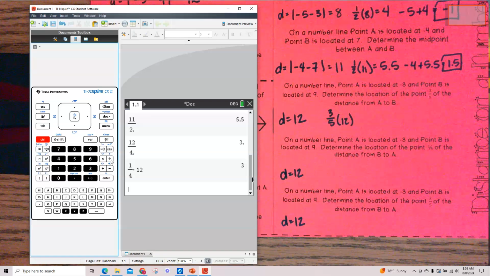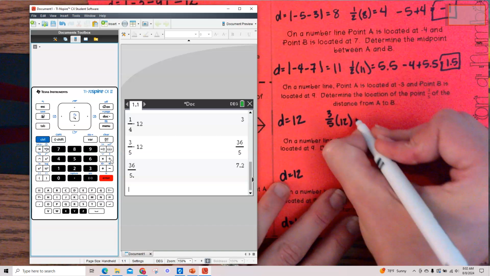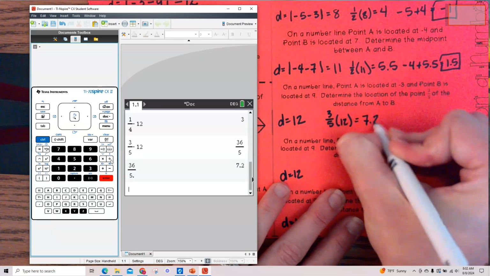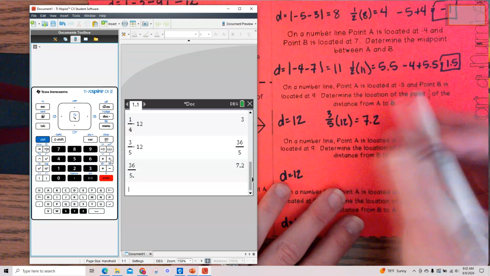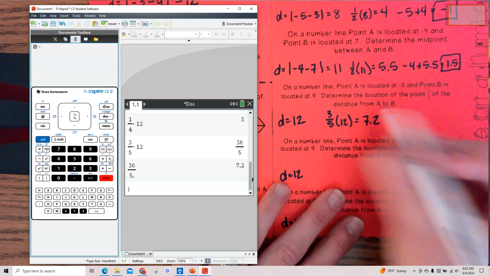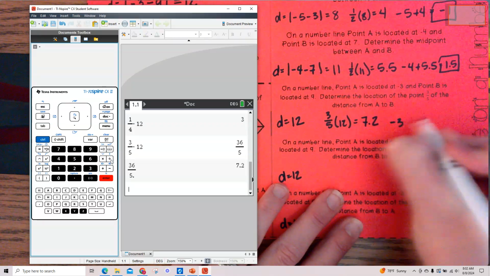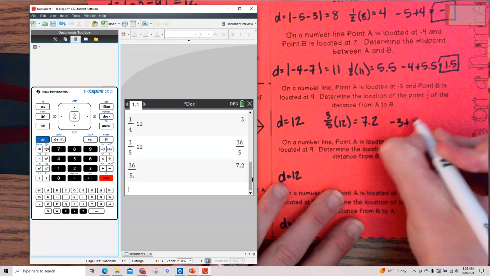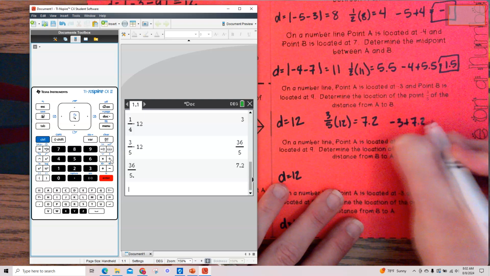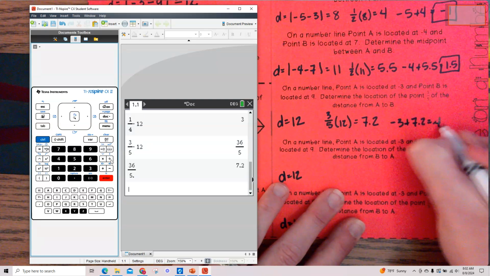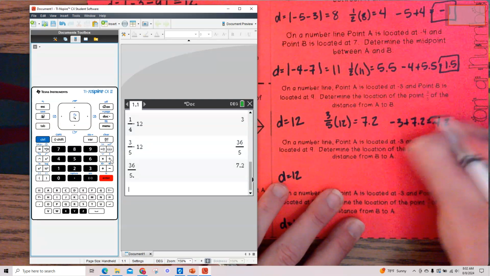I'm just going to do it this way, times 12. Ooh, gives us something gross. So 36/5, I'm going to make it a decimal, 7.2. And then we add that, so we're going from A. So we take A's value and we add that 3/5 of the distance, which would give us 4.2. And if you need to use the calculator to do that, that's okay.